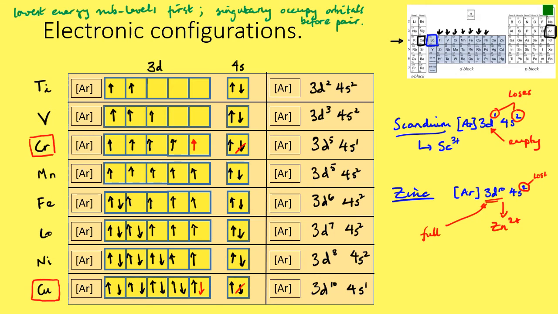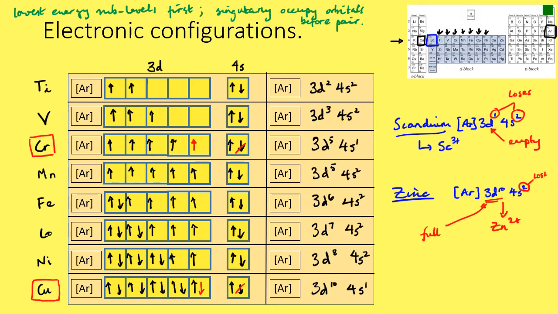On the left hand side, with all the yellow boxes, we're going to draw the arrows in the orbitals. Each of the yellow boxes is an orbital, and we have the 3D orbitals here, 5 3D orbitals and the 4s orbitals, because we're going to concentrate on the transition metals of period 4.